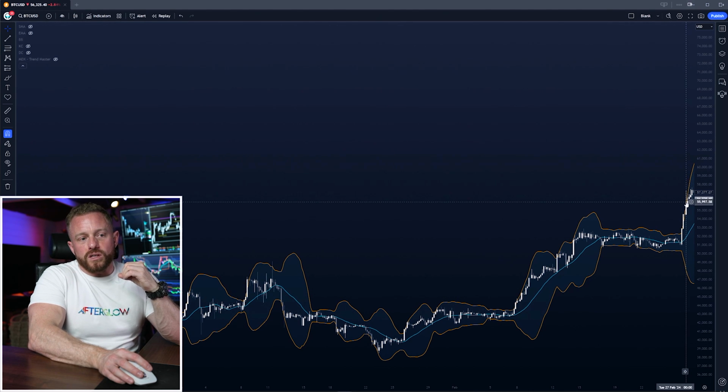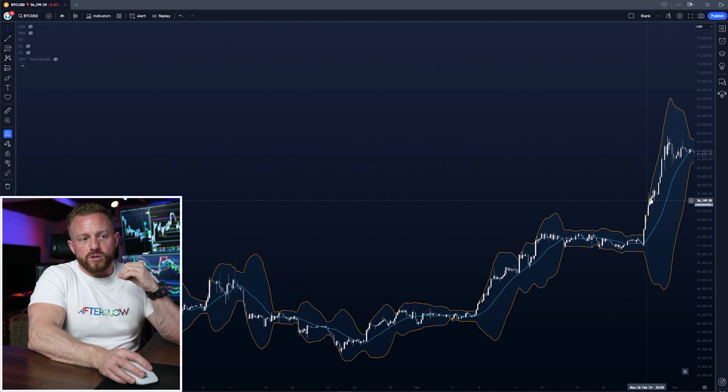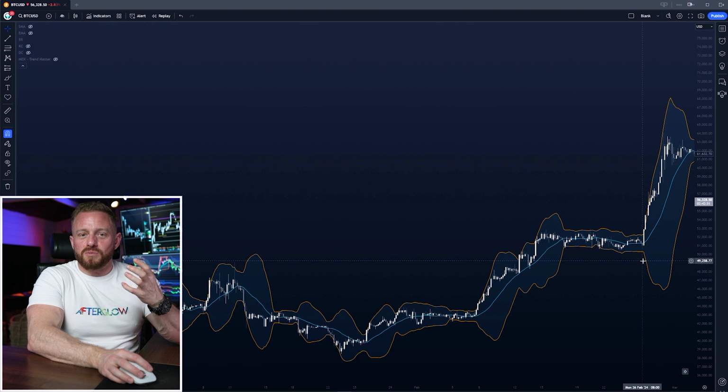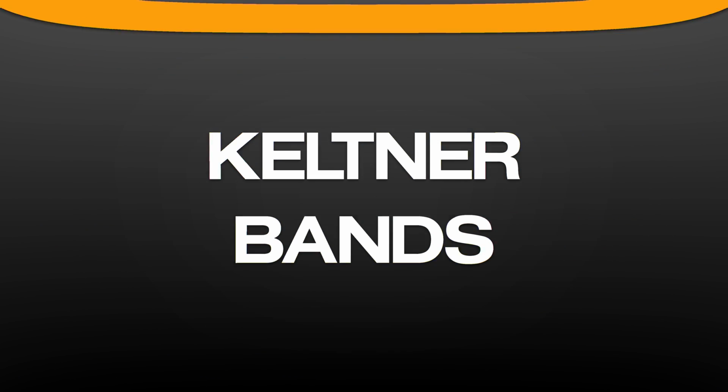But if you were looking for the reversion back to the midline and tried to short that, you would have got absolutely wrecked, because price just kept going and going. So that's why personally I tend to use this more for looking for the timing of those expansions and contractions, because it's just more useful for that tool.